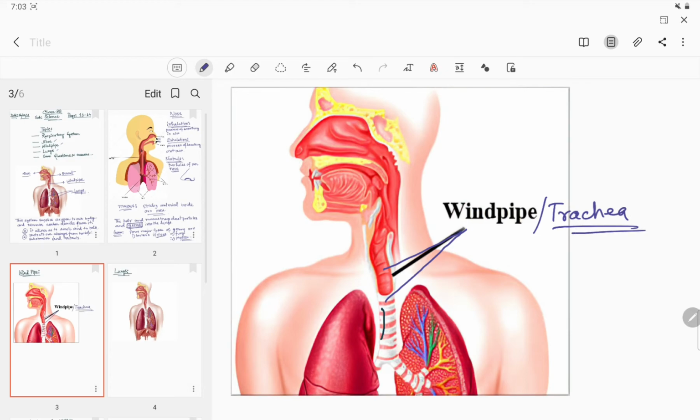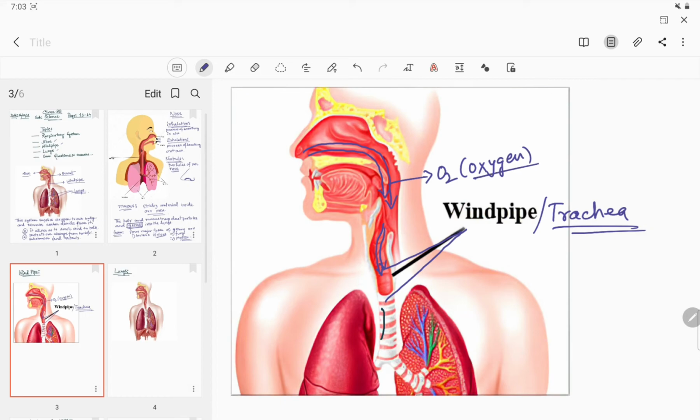Okay, so what is the windpipe? It is an air passage in the body that carries air from the nose. The air coming from the nose, which air? Fresh air, O2. O2 means oxygen.